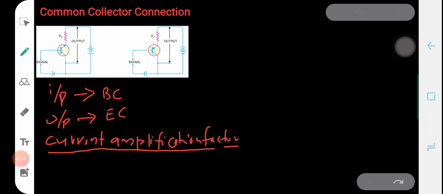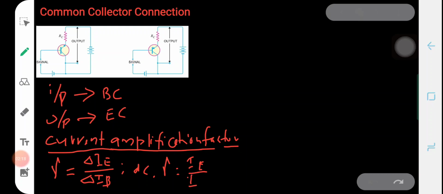So the current amplification factor gamma can be defined as the ratio of the change in the emitter current to the change in the base current, delta IE by delta IB. In the case of DC currents alone, gamma is equal to IE divided by IB. Here we know that IE is much greater than IB, so the value of gamma is always greater than 1 and it is very high.